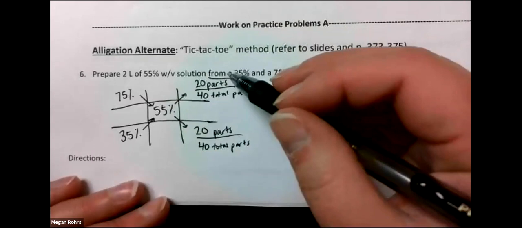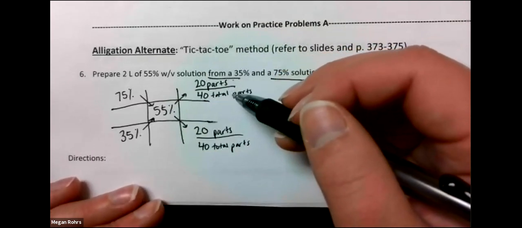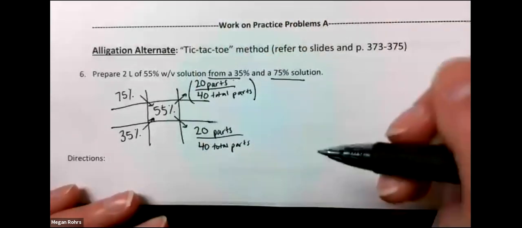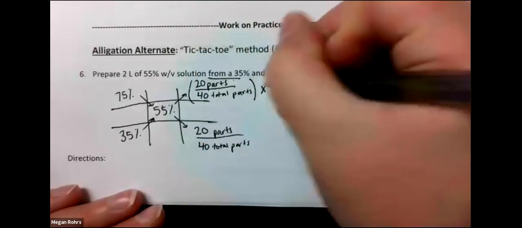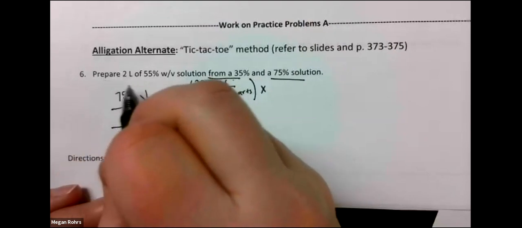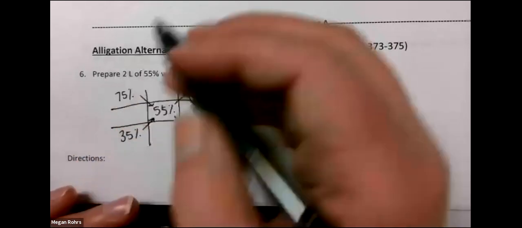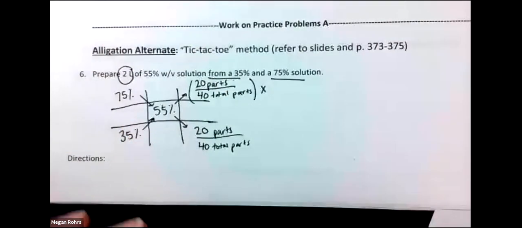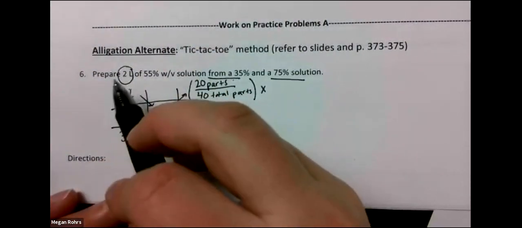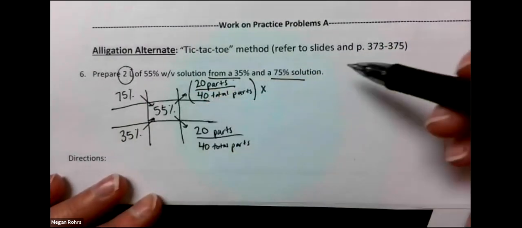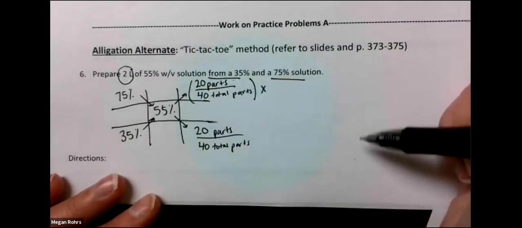So I have 20 parts over 40 total parts here. And then we're going to take this fraction and multiply that by our desired quantity here. Now, this is in liters. I'm going to convert this into milliliters first, because that's going to give me milliliters in my answers over here.